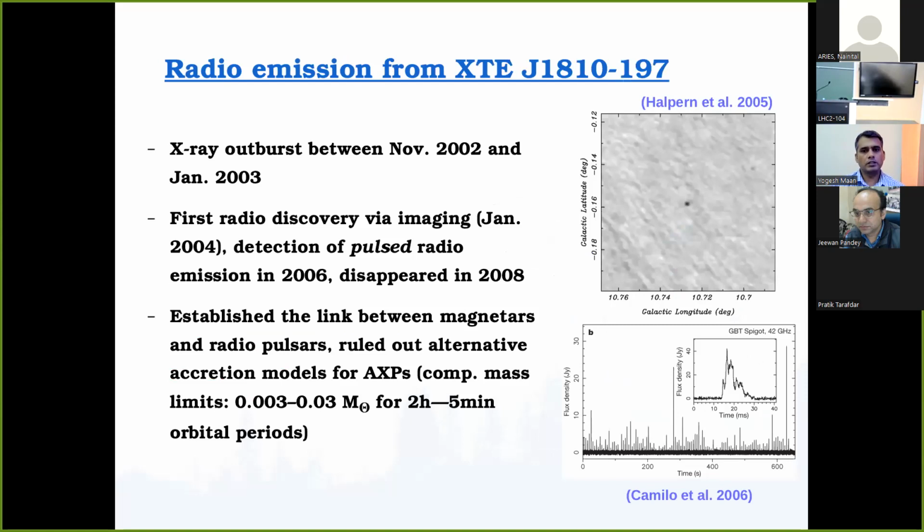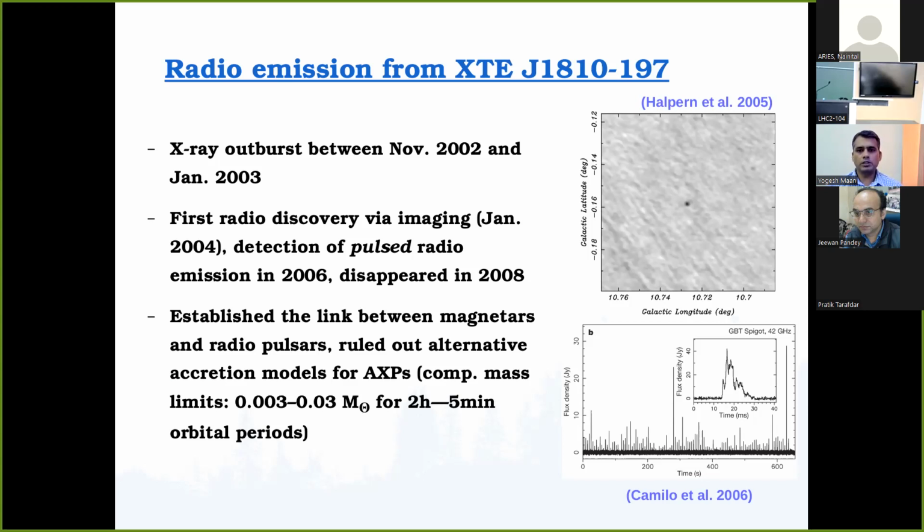So with that sort of introduction, in the rest of this talk I will focus only on one object. And with these kinds of open questions, we know that there is enough motivation, given the sparsity of detection of radio emission from magnetars, and also the fact that we know only a handful of these objects, it is important to characterize the radio emission from these objects whenever it becomes visible.